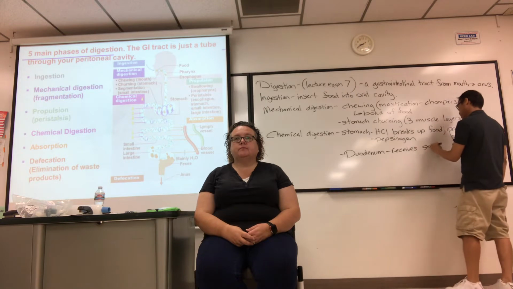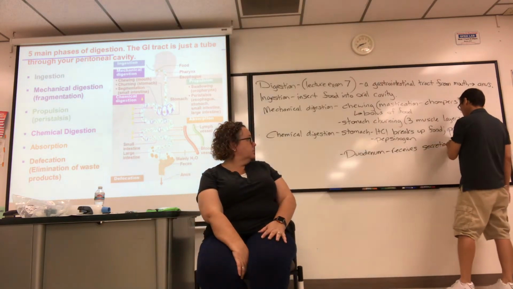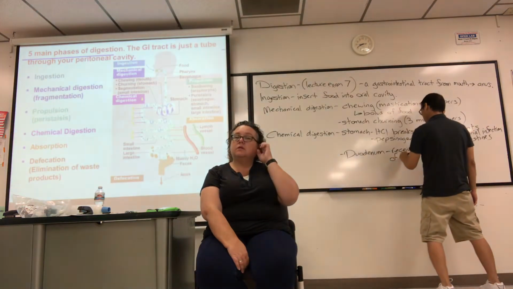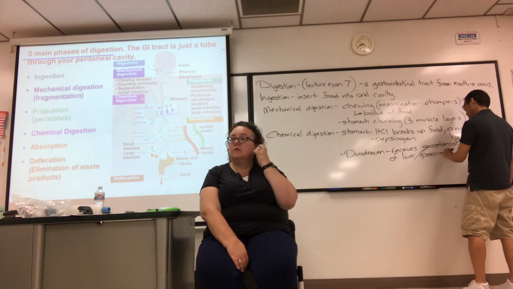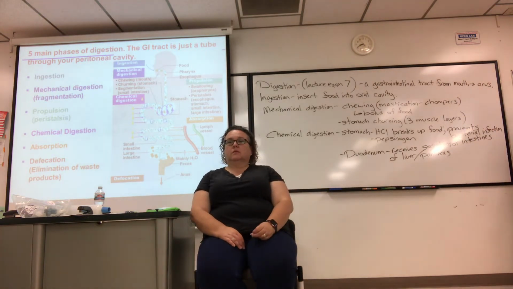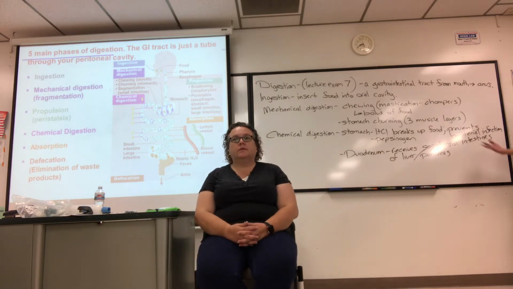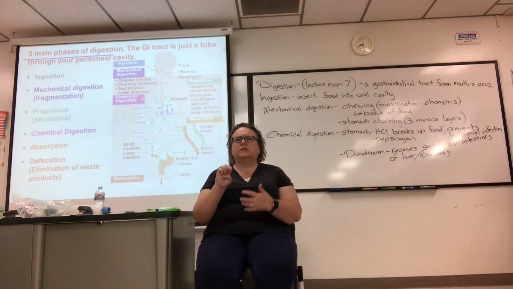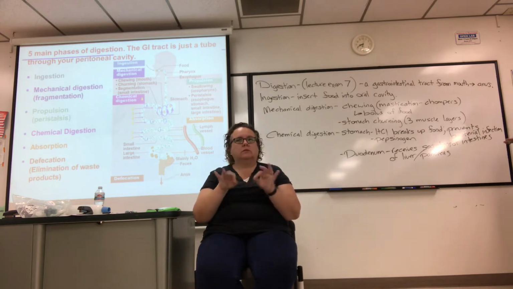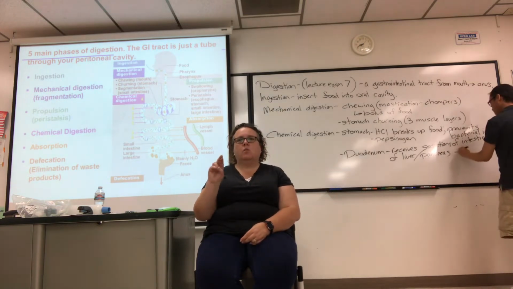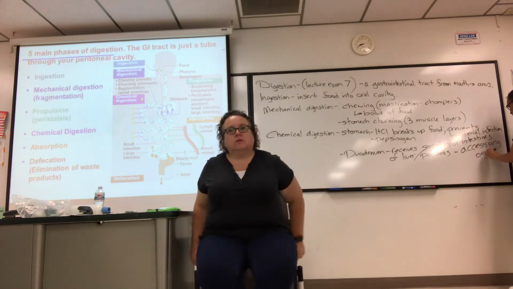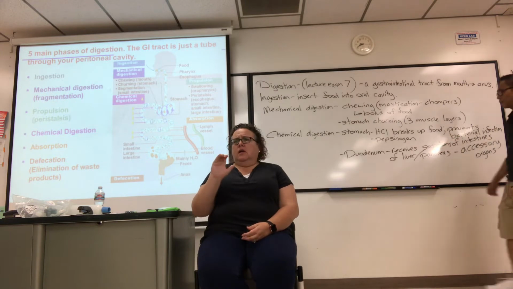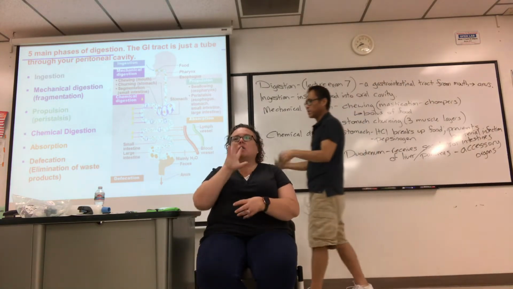I'll say receive secretions of liver and pancreas. I'll tell you what those secretions are when I get to them. The liver and pancreas are called accessory organs to digestion. An accessory organ isn't in the tract, but it secretes things into it. Okay?